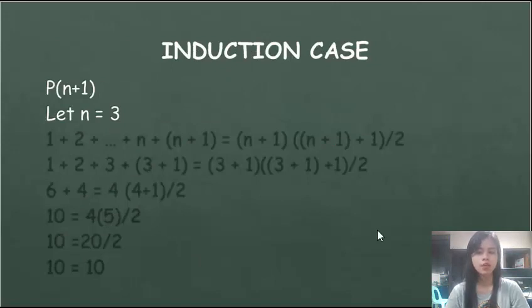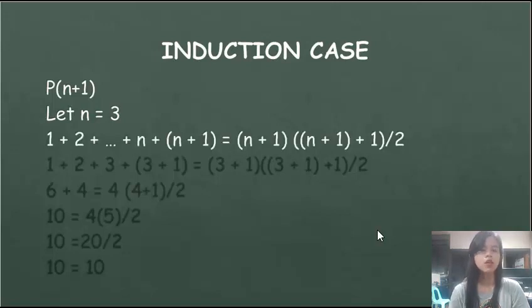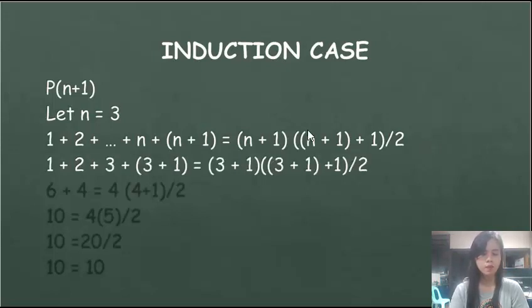Let us prove that the left and the right sides are still equal for P of the quantity n plus 1. Let n be equal to 1. Then we substitute the n into the simplified form equation. So this is our equation. Let us solve this.